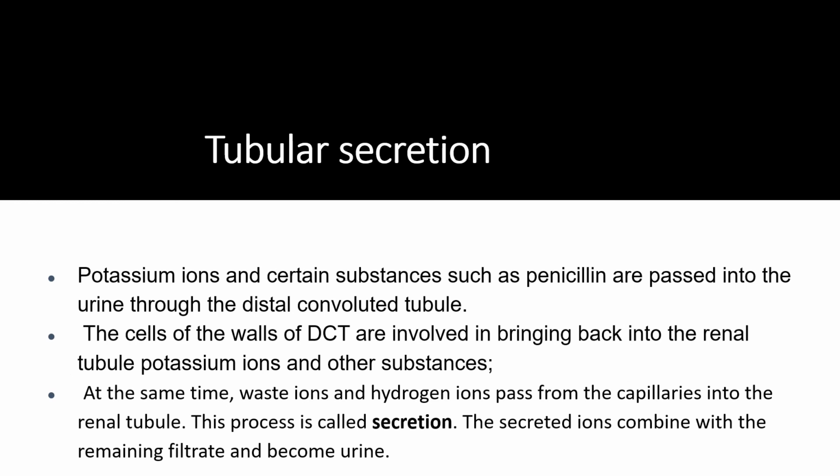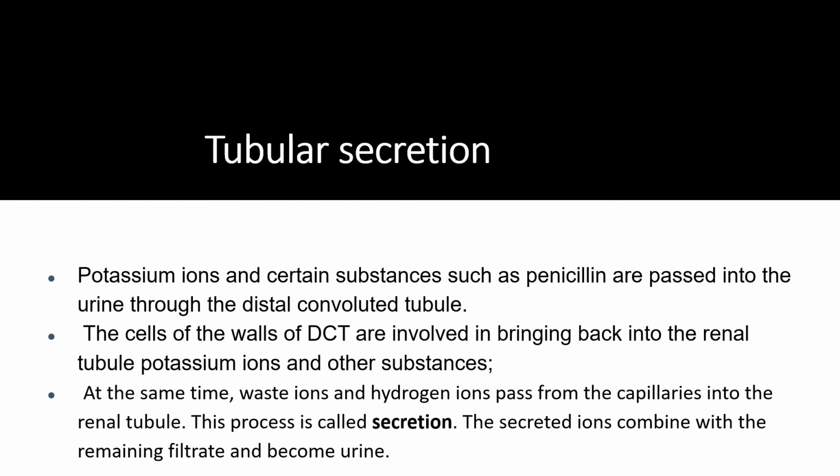The final step is tubular secretion. Here the urine comes to the distal convoluted tubule, and it may contain potassium ions and certain substances. The walls of the distal convoluted tubule reabsorb the potassium ions, but at the same time waste ions and hydrogen ions from the capillaries are passed into the renal tubule.